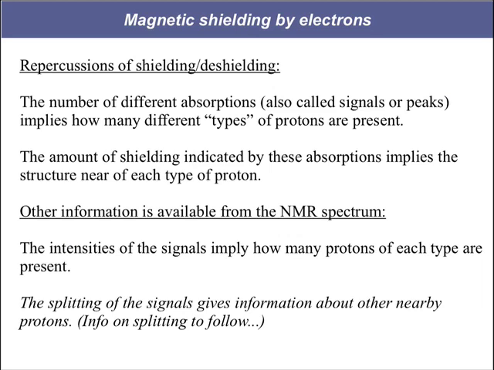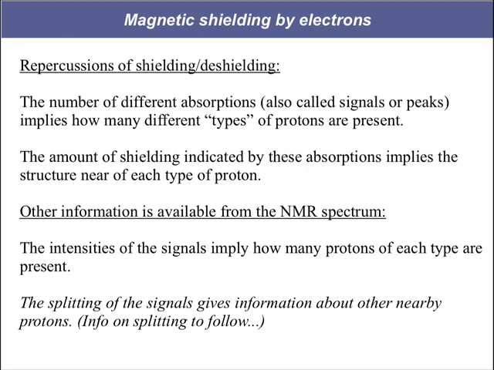So there are many repercussions that arise from shielding or deshielding of the nuclei by their electronic environment. The first is that the number of different absorptions, or sometimes what we call signals or peaks, implies how many different types of protons we have.